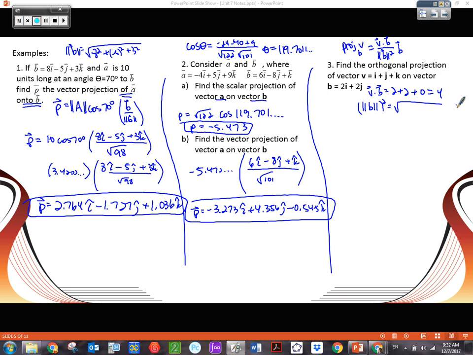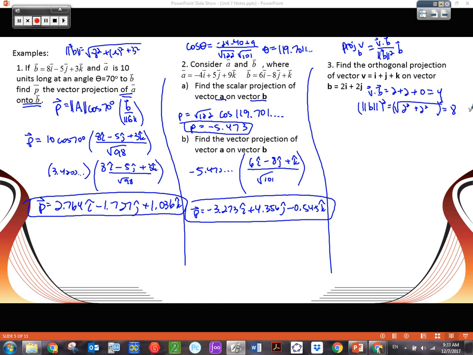So we're doing the magnitude of B. The magnitude of B would be the square root of 2 squared plus 2 squared, 4 plus 4, so square root of 8, and that's squared, so it's just 8.